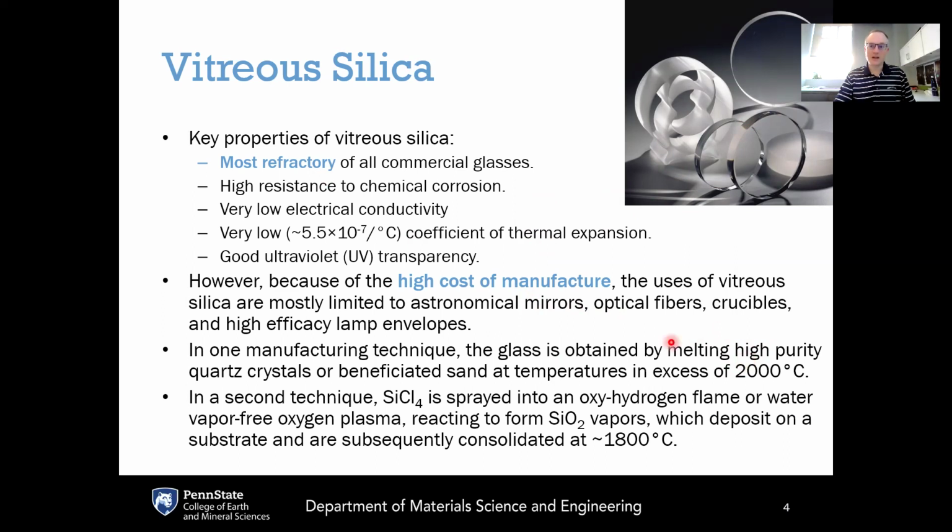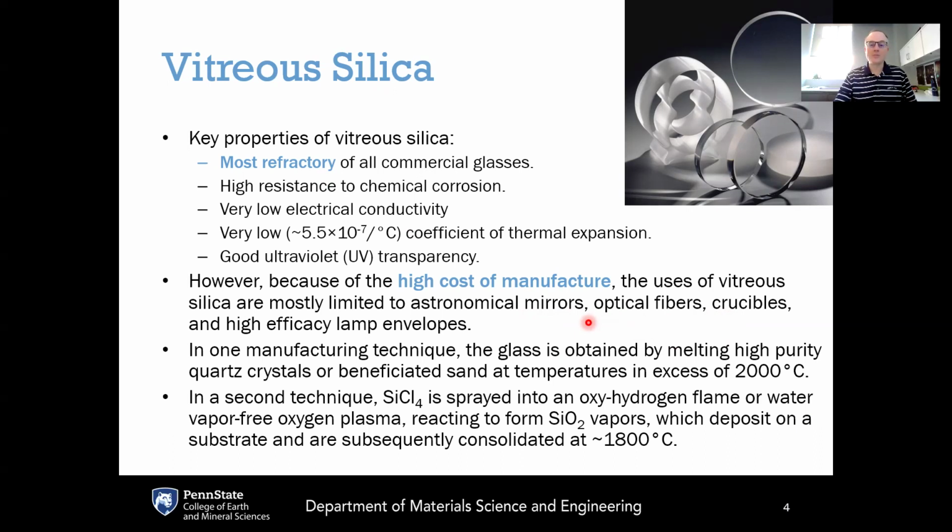That being said, it is an essential material for applications such as astronomical mirrors and optical fibers because of its exceptionally high transparency. It's used as a crucible material because of its high refractory nature, and is also used for high efficacy lamp envelopes. So despite these costs of manufacturing, it is a really essential material for a wide variety of industries.